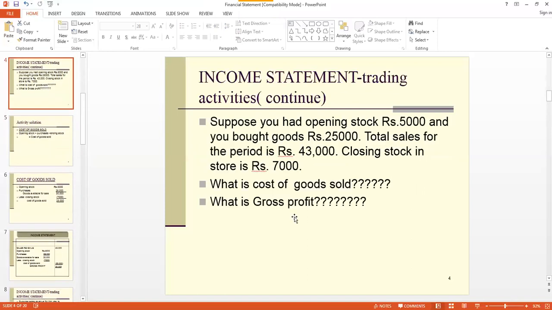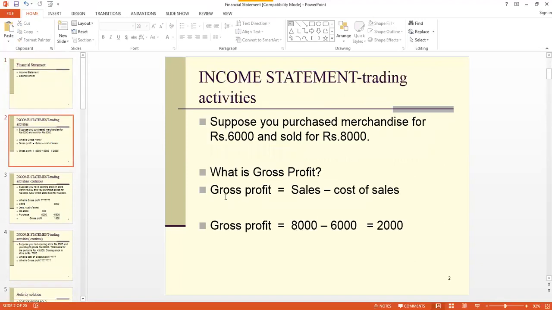Now students, see that in this question we have two components. The one is called cost of goods sold and the second one is gross profit. Remember, when you are trying to find out gross profit, you need actually two information. One, sales, and the second, cost of goods sold. As we discussed earlier, look here. If you are interested to find out gross profit, you need sales and you need cost of sales.